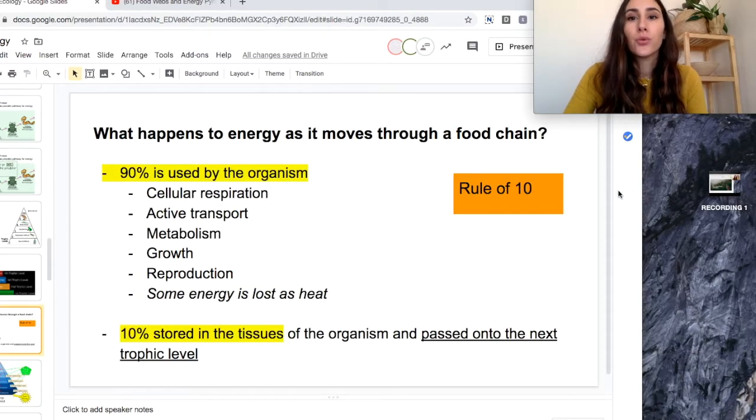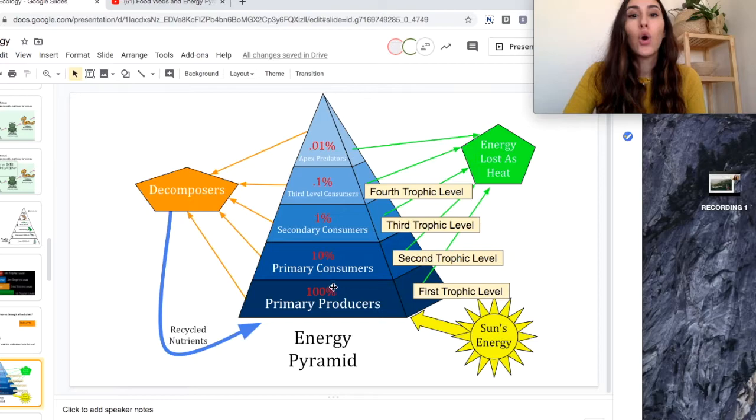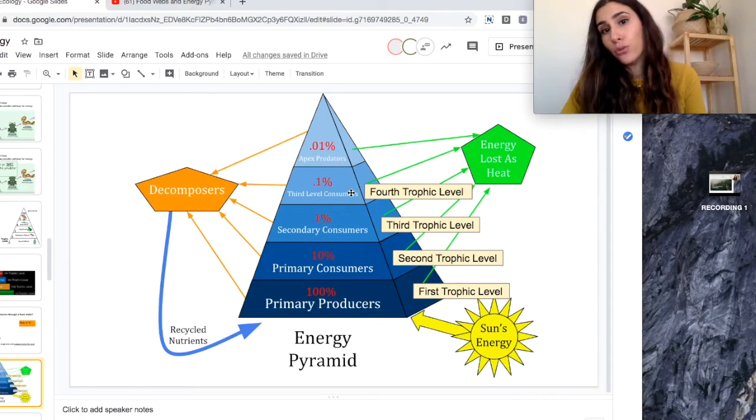Remember, the rule of 10 states that only 10% of the energy moves on to the next trophic level. Only 10% is going to move on to the primary consumers. And then only 10% of that is going to move on to the secondary consumers, and only 10% of the 1% is going to move on to the tertiary consumers.